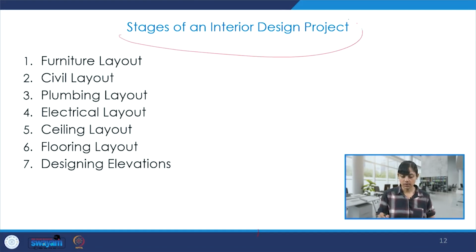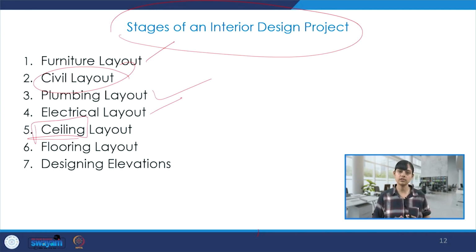We also talked about stages of an interior design project. So, starting from the furniture layout, civil layout, then there is a plumbing layout, electrical layout, ceiling layout. It's a very important part of the interior design drawing portfolio. The reflected ceiling plan, ceiling layouts, floor layouts, all of them.